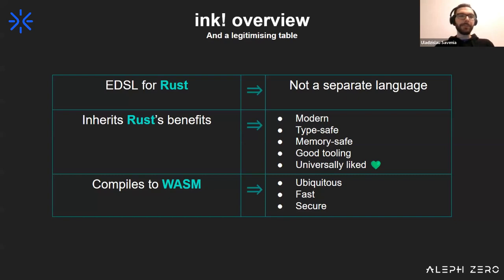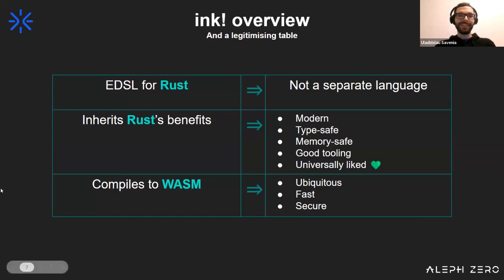And yes, it is not a separate language. It enjoys the majority of benefits of Rust as well. So yeah, it inherits Rust's benefits. It is a modern language. It is type safe as it goes, memory safe as well. It has some excellent Rust tooling, and well, I think a lot of you have heard about Rust. It's universally liked and there's a lot of love on the forums wherever you look.